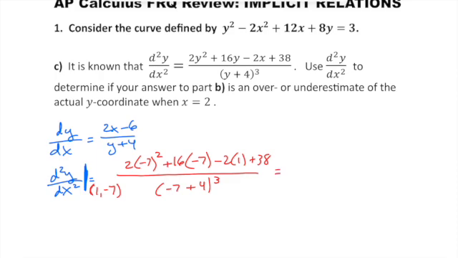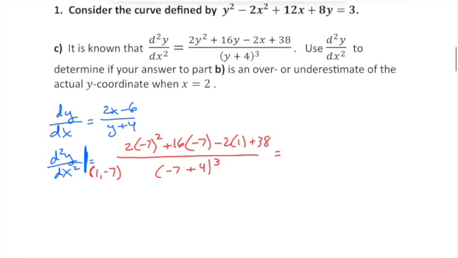If you do just keep going with this and you simplify, that's going to be -49 when you square -7, times 2 is going to be 98, minus 16 times 7 is going to be 70, and 42 is going to be 112, minus 2 plus 38. It's all going to be divided by -3 cubed, or -27.